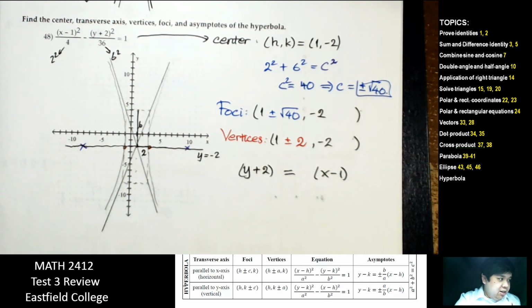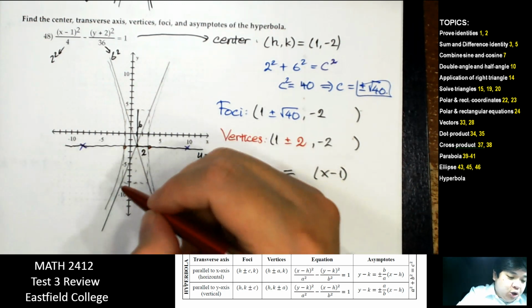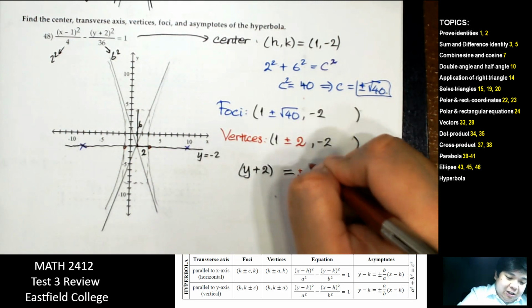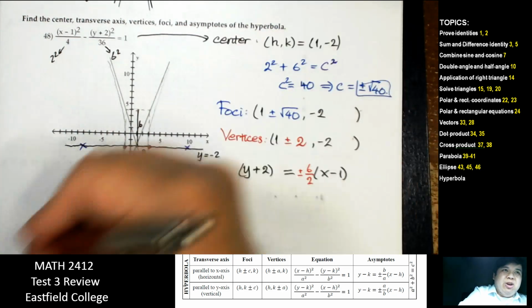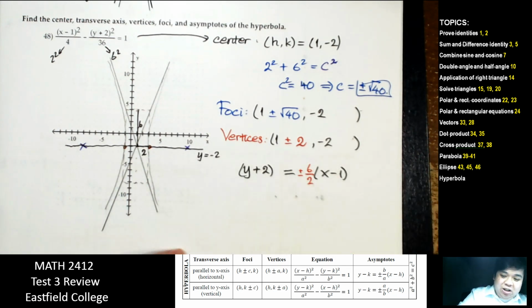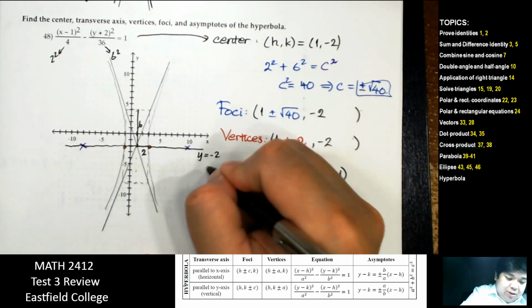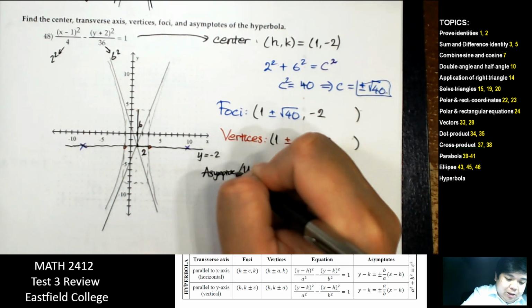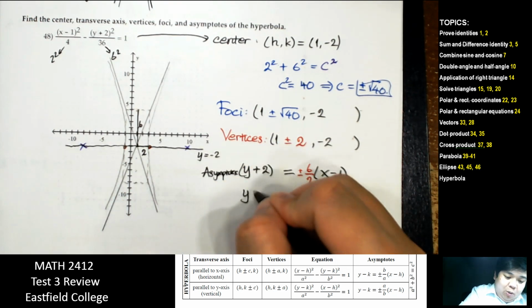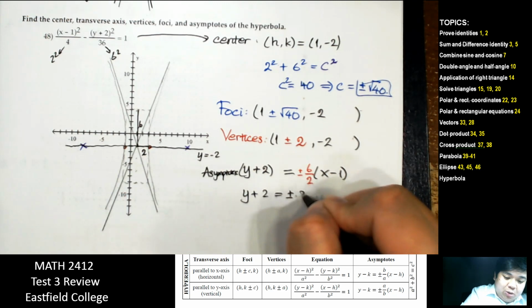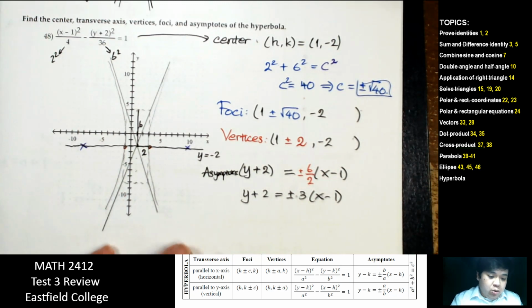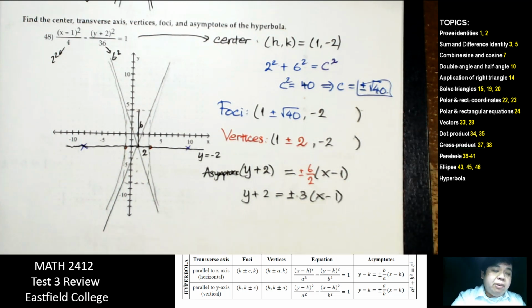And then the slope rise over run, positive or negative, so pretty much that equation. So the asymptotes are this: y plus 2 equal to plus or minus 3 times x minus 1. So the center is very important. As you see, the center appears in all of this.